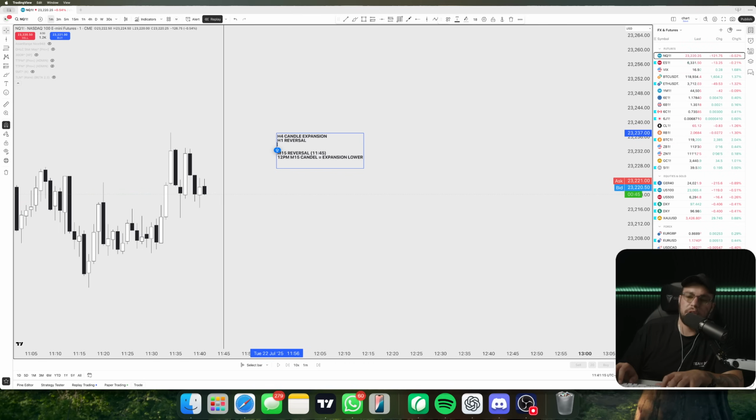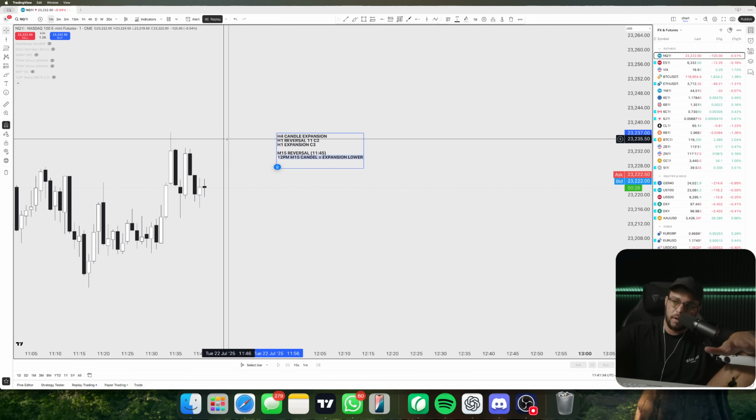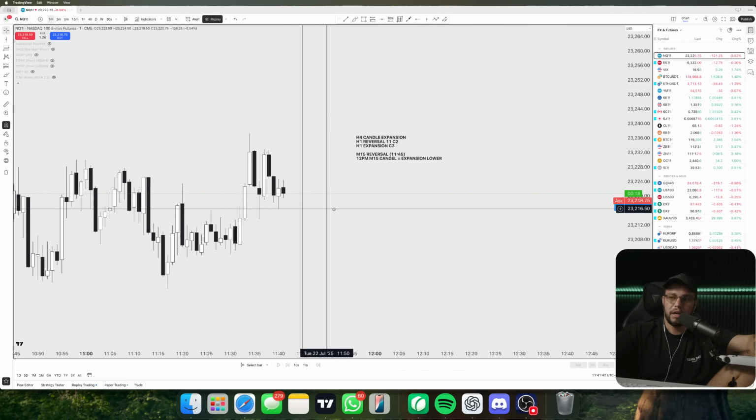But candle H1 would be a 11 o'clock C2, and at 12 o'clock would be C3. So we now have a narrative that if everything aligns at 12 o'clock, all of the candles we care about are set to expand lower. Do we all agree on that? Or have I not made that very clear?